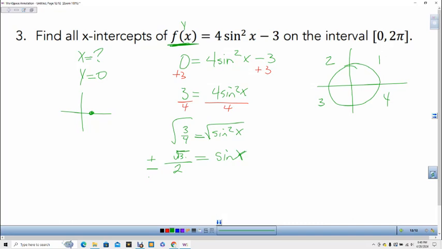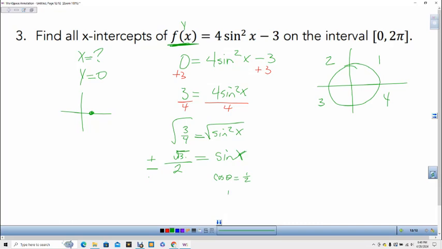Now, guys, one way that you can do this, you can completely get away from the inverse sine. Don't use your calculator on this. Just think about where on there it's going to be square root of 3 over 2. Well, sine is going to be square root of 3 over 2 if you use the little trick that I told you, where cosine of theta is equal to 1/2, because these always come in pairs. And where is cosine theta equal to 1/2?